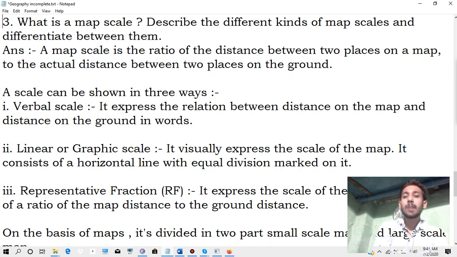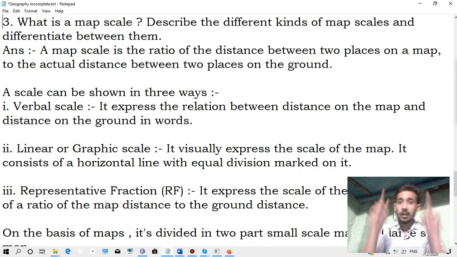That scale mainly expresses equal divisions, and through that relation we can express the distance on the actual ground, by using that horizontal line which has been placed on the side of the map.